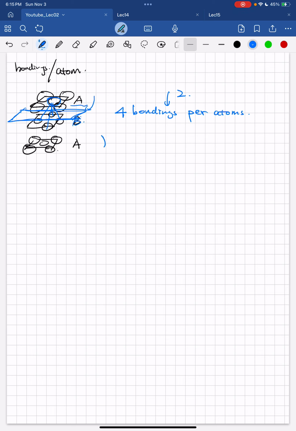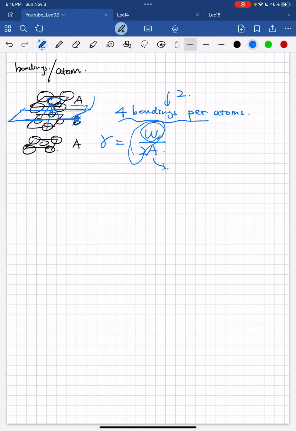So surface energy is the work you need to create an area, but now you have 2 areas, right? So you need half the work for creating 1 area. You have 2 areas now, so you divide the work by 2.